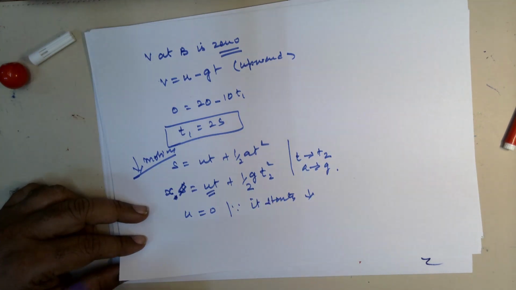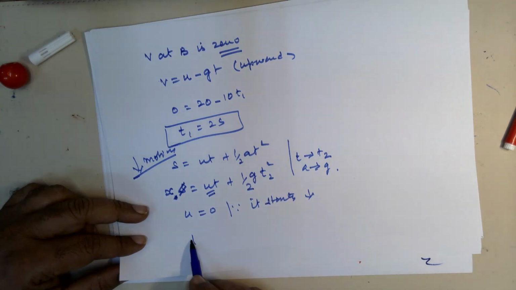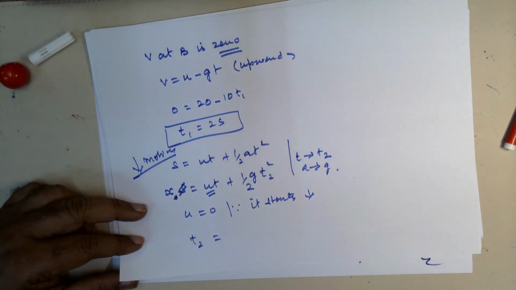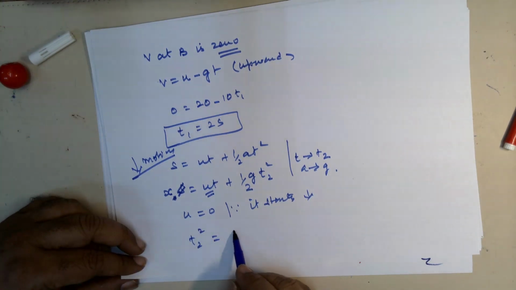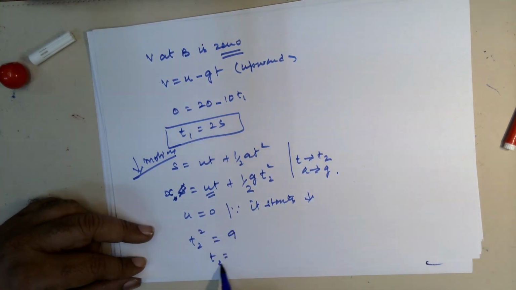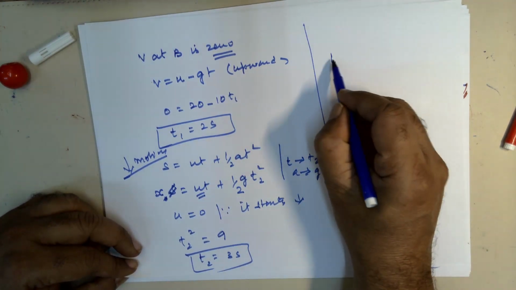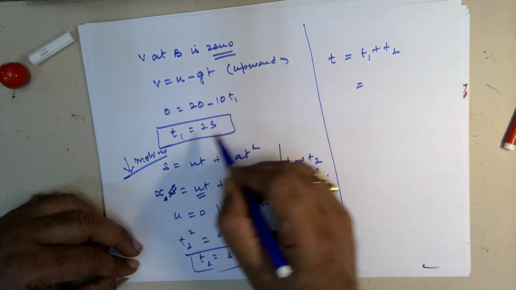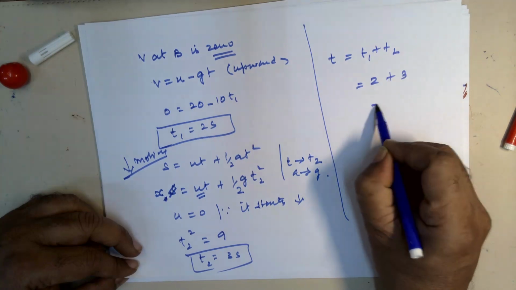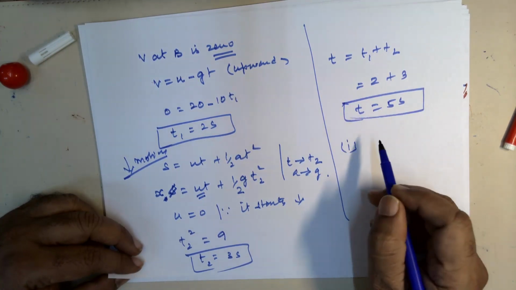So in that case, g you already know, 10 meter per second squared. Find out T2. What is T2? T2 squared is 9. Therefore, T is equal to 3 seconds. Okay. Now, what is the total time traveling? T is equal to T1 plus T2. So this is 2 seconds plus 3 seconds, so 5 seconds. So, what is the first question answer?